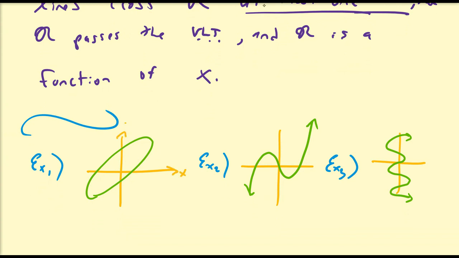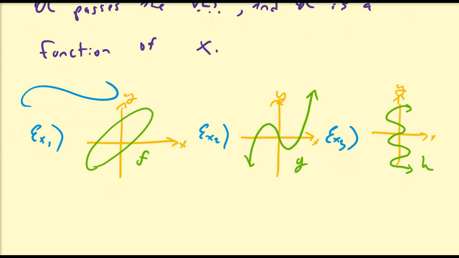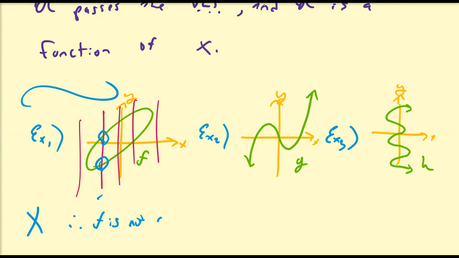Let's assume each of these has axes x, y, and let's call these relations f, G, and H. If we draw a vertical line on this first curve, notice this vertical line does not cross at all. So that's okay. Also, if we draw a vertical line there, that's okay too. But if we start drawing vertical lines here, we start to run into a couple of problems. For example, this line right here, we cross 2 times. So that's not good.